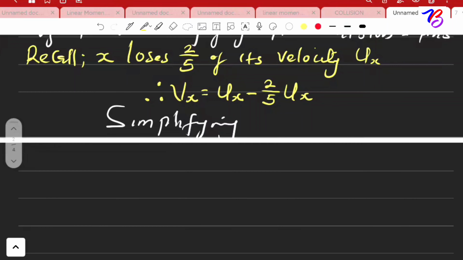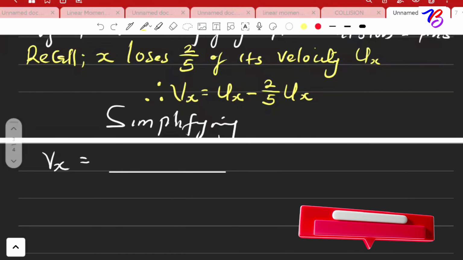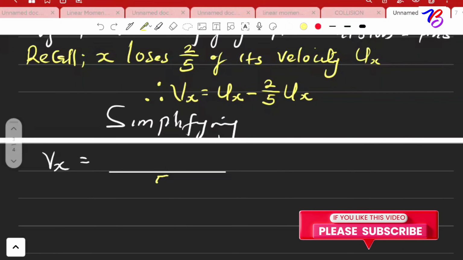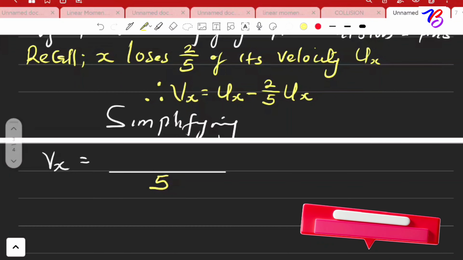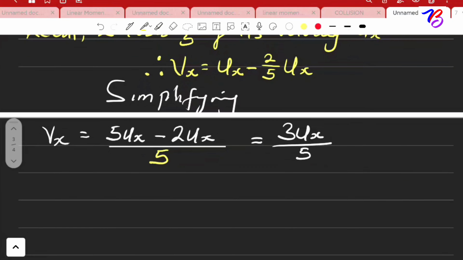Simplifying, the LCM is 5, so u of x over 1 becomes 5u of x minus 2u of x over 5. This gives you 3u of x over 5. We are going to use this for v of x.